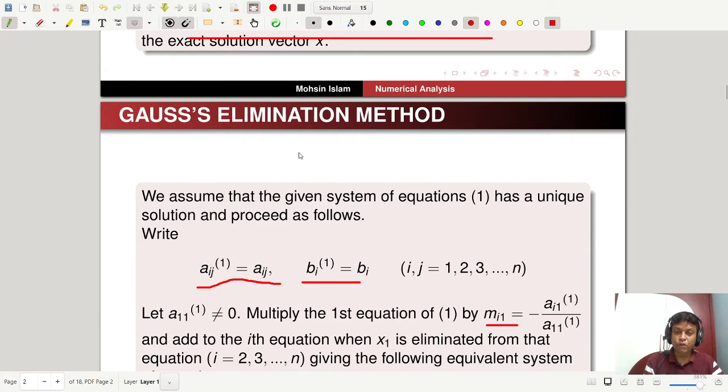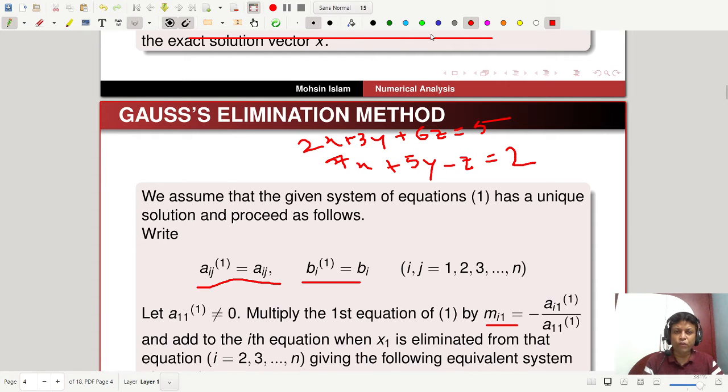Okay, let me give you an example. Suppose your first equation is 2x plus 3y plus 6z equal to 5, right? And your second equation is 7x plus 5y minus z equal to 2.